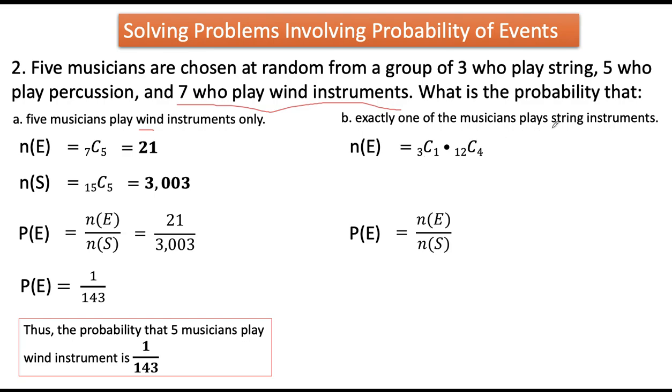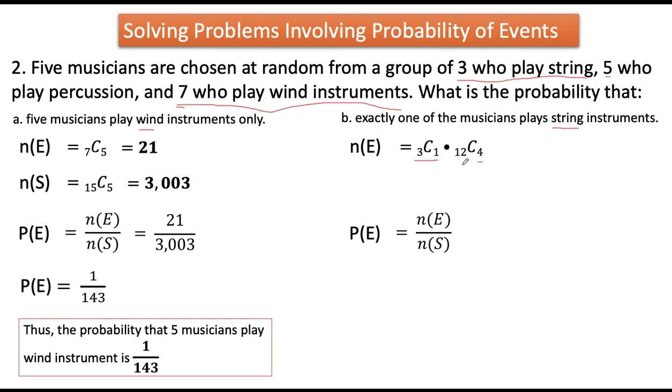Since we are focusing on the string and we have 3 string players here and we only need 1 out of 3, this is our 3 combination 1. Then the other 4 will be taken from the wind players or the percussion players, wherein there are 7 wind players plus 5 percussion players.